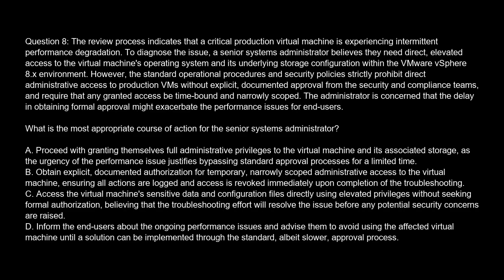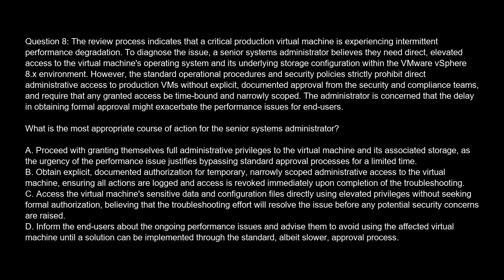The review process indicates that a critical production virtual machine is experiencing intermittent performance degradation. To diagnose the issue, a senior systems administrator believes they need direct, elevated access to the virtual machine's operating system and its underlying storage configuration within the VMware vSphere 8X environment.